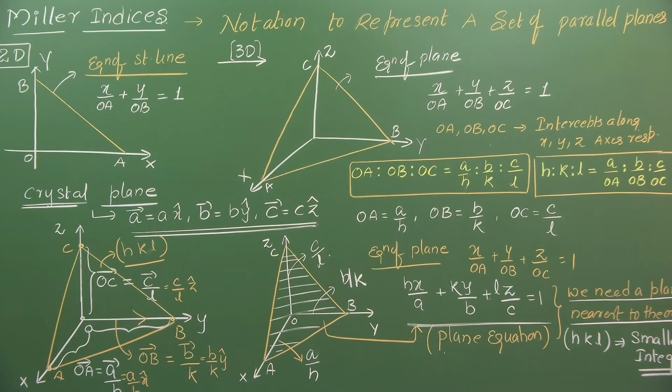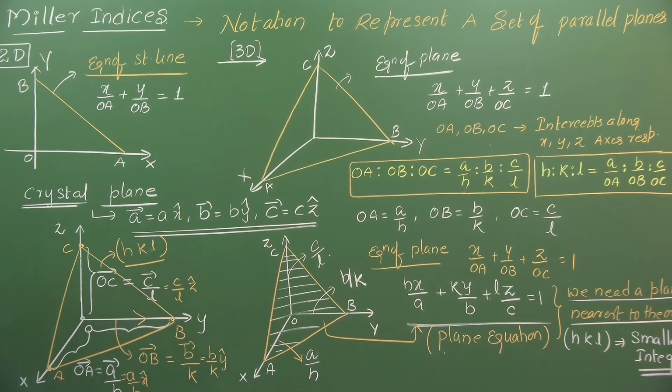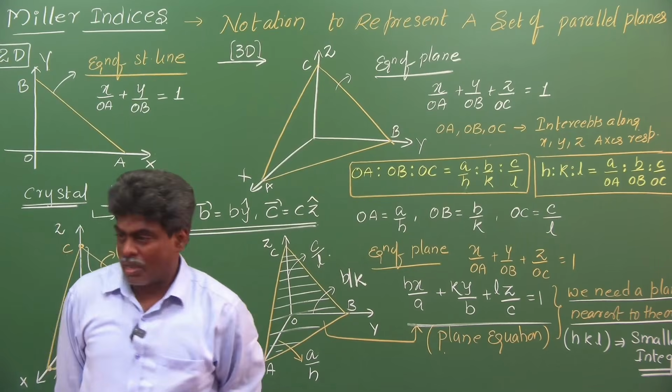I have written the equation of the plane, which is represented by the Miller indices HKL. That's the point. Miller indices should not have commas. If you put a comma, it is a point. So don't place commas.